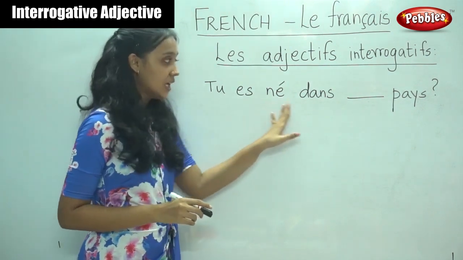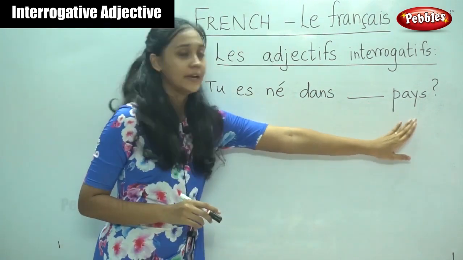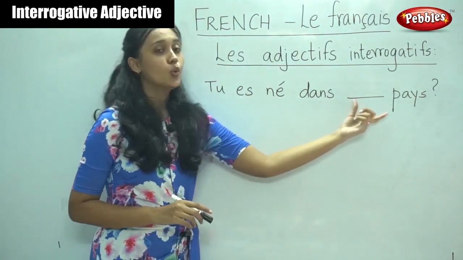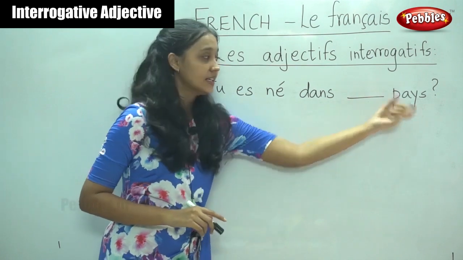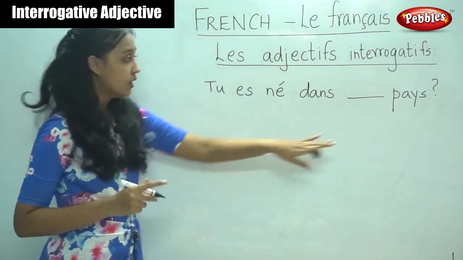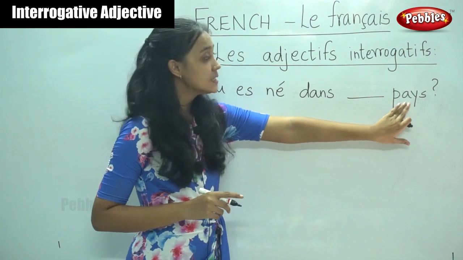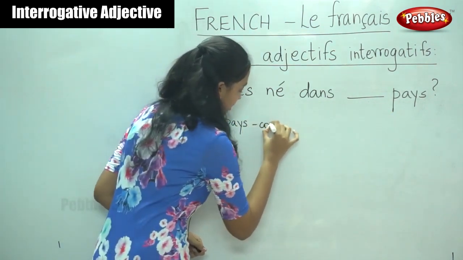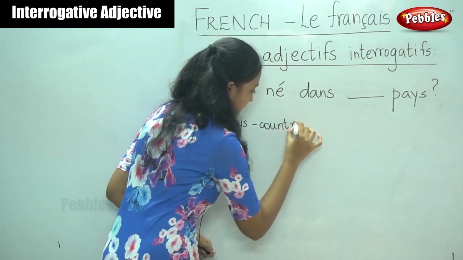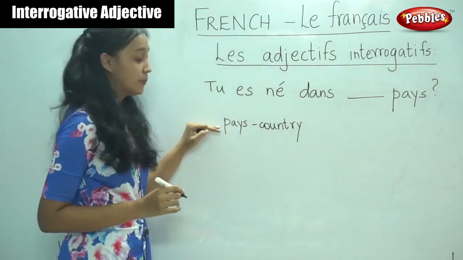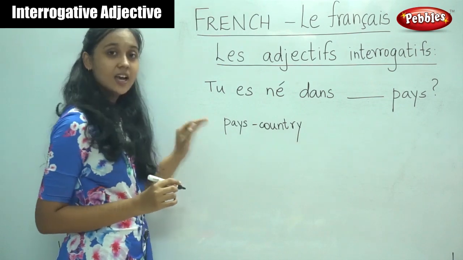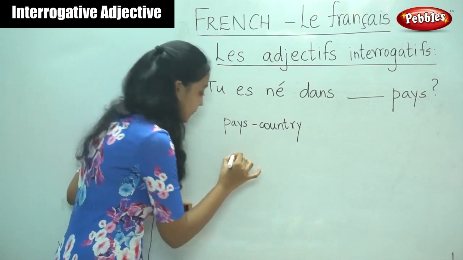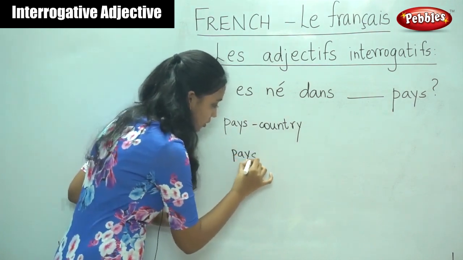Tu es né dans dash pays. You were born in which country or what country? Now if you note, the noun here is pays. Pays means country. Now, the word pays is the same in the singular and in the plural form.